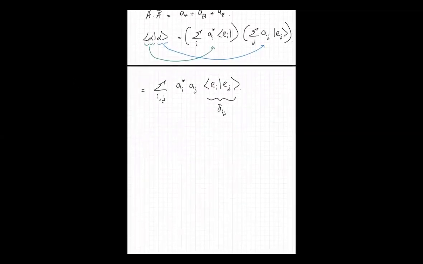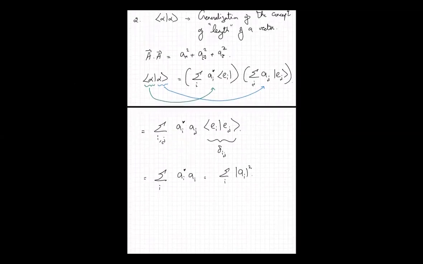So this is simply not a sum over two different indices anymore, because the only terms that will be non-zero are ones for which j equals i. So this will be ai star, and j equals i means ai. So this is simply mod ai square.